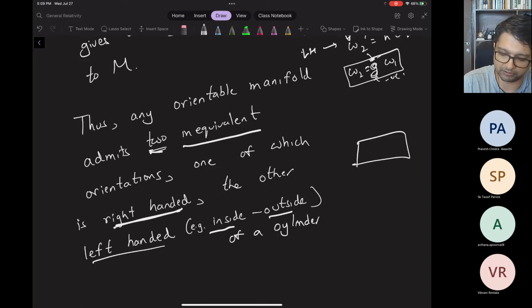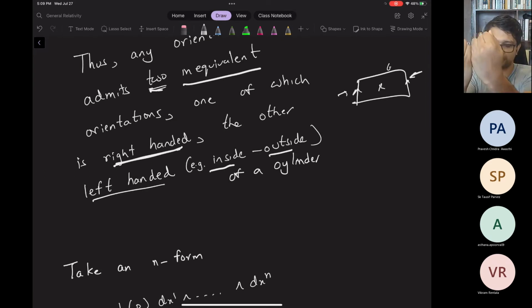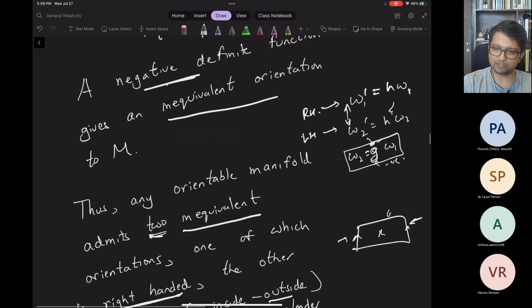If I just give you a sheet of paper and I paint one side red and one side green, I could have equally well painted the other side green and the other side red, and there's no way to tell which one is better. Because when I fold them together, I could have folded like this, in which case I have one orientation of inside and outside, or I fold it like this, in which case I would have a different color on the outside. So which one is inside, which one is outside, that's a matter of convention. The thing that will be true is that there will be two inequivalent classes.